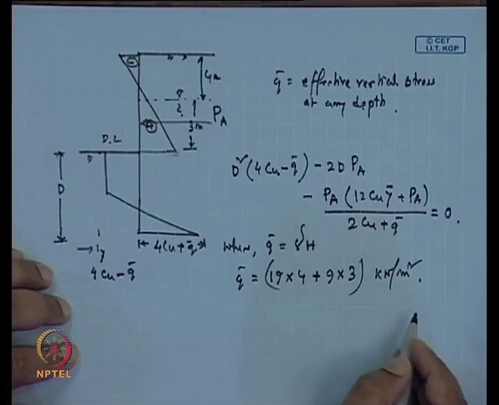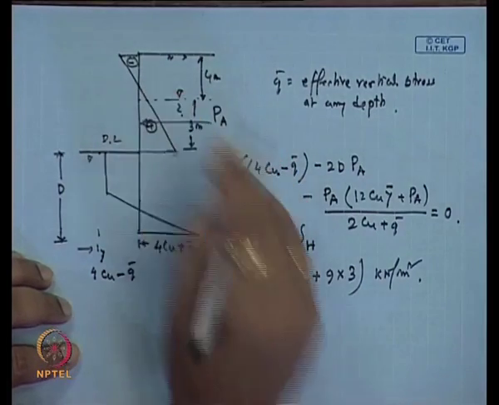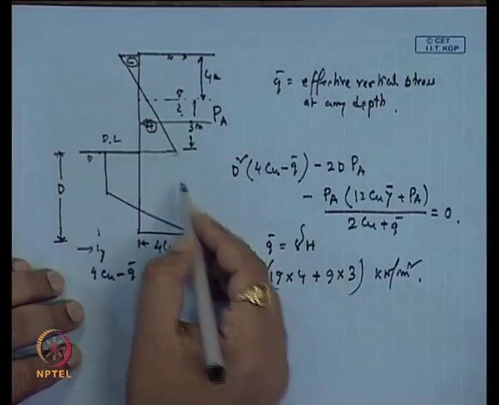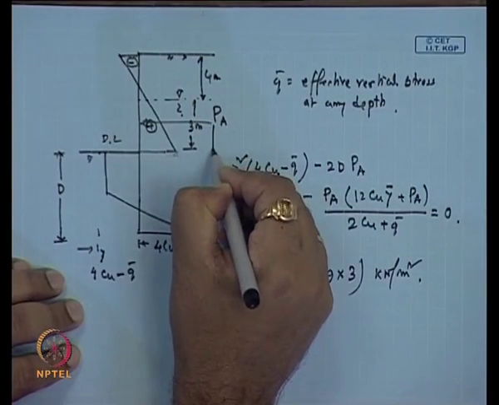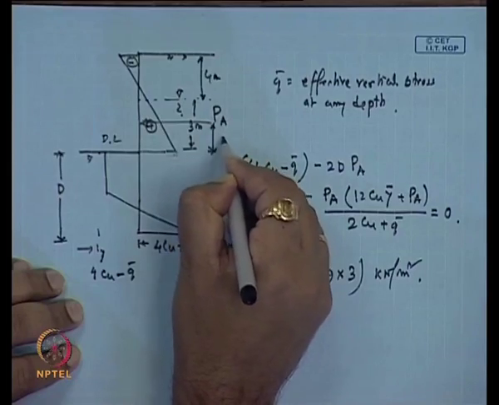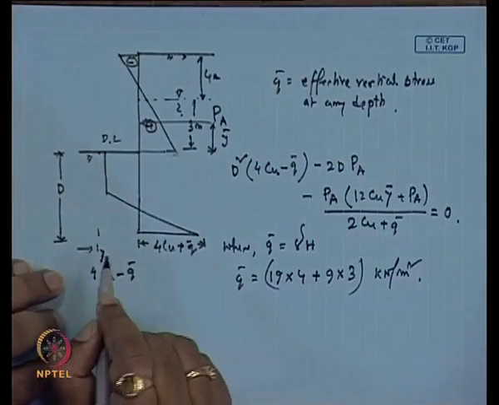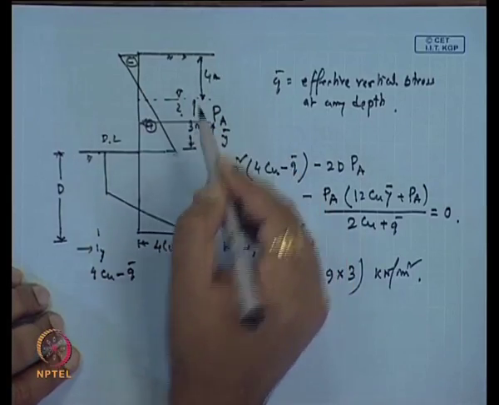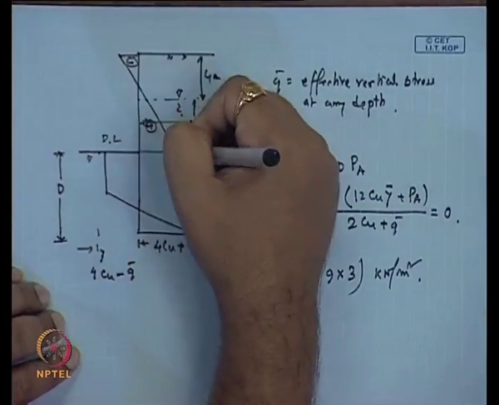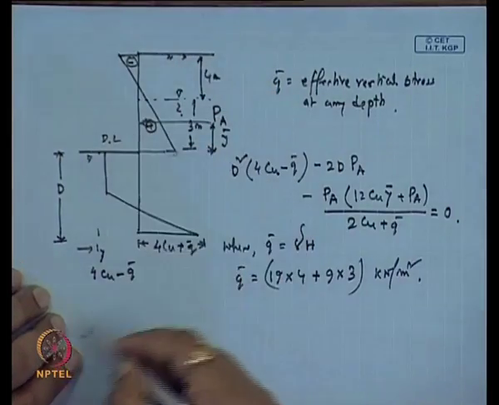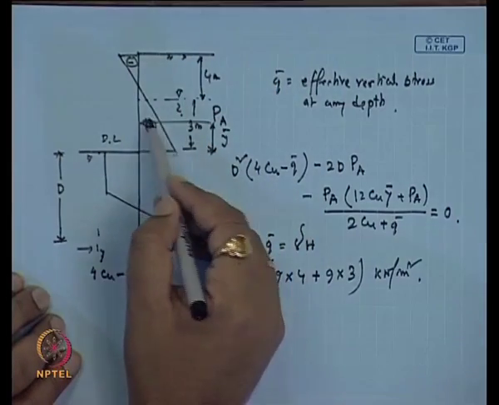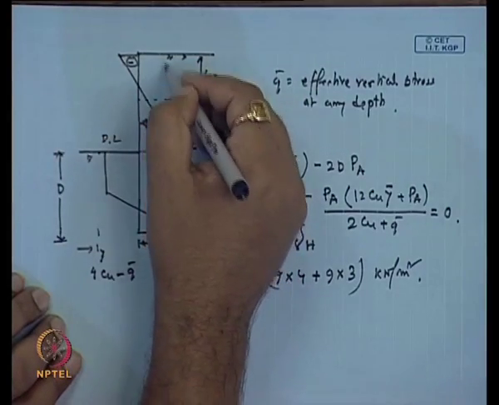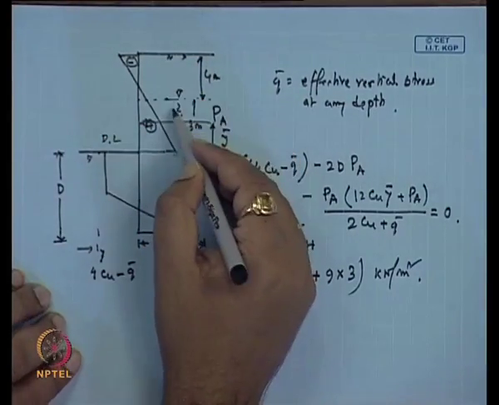Now, P A is the force of only the positive part, and y bar is where this force is acting, measured from the dredge level. So, we consider this triangular part, if it is a rough triangular distribution, even in this case if I consider different levels, because the water table is here.